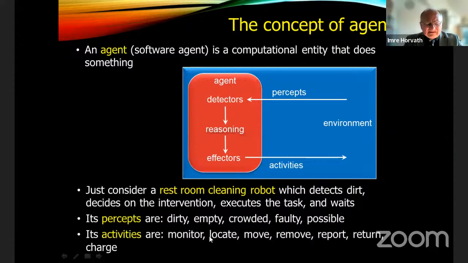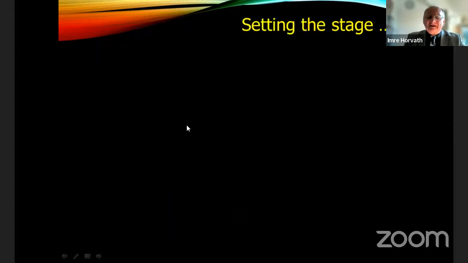And the activities are monitoring, locating where the dirt is, moving there, removing the dirt, reporting what it has done, and then returning to a docking station and charging itself to be ready for the next operation. So this is the concept of the agent.